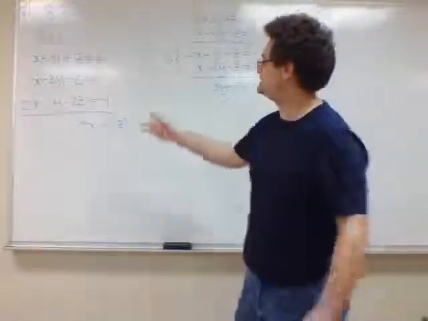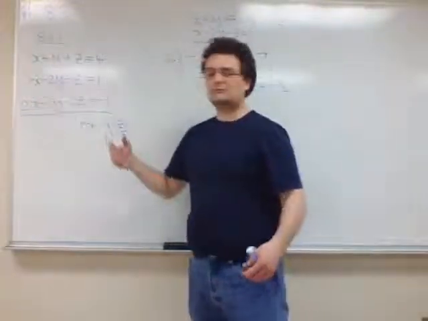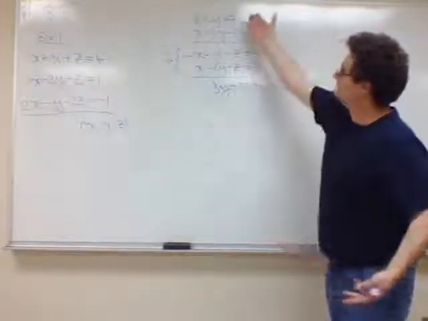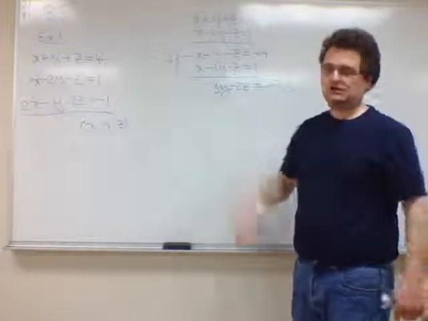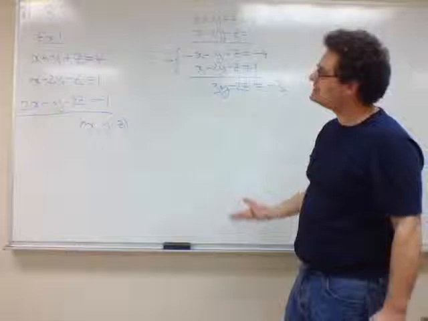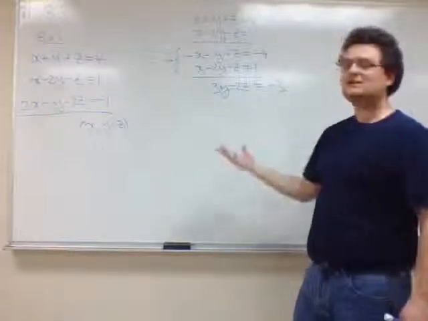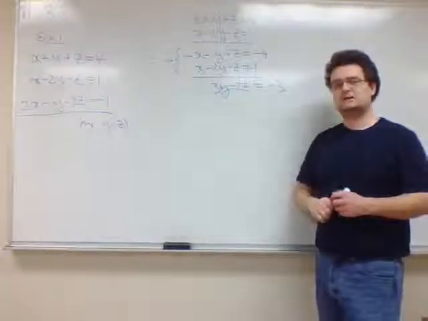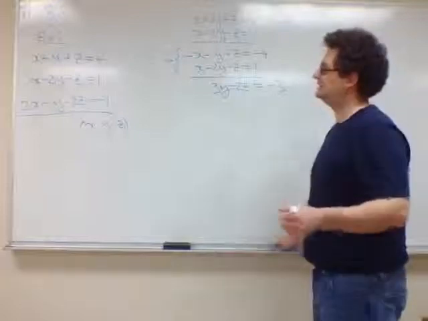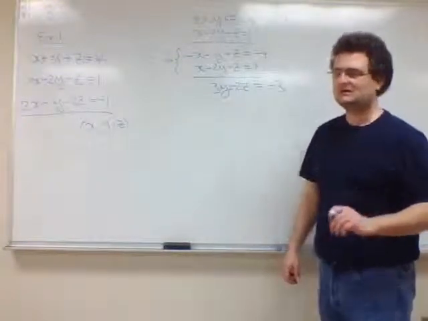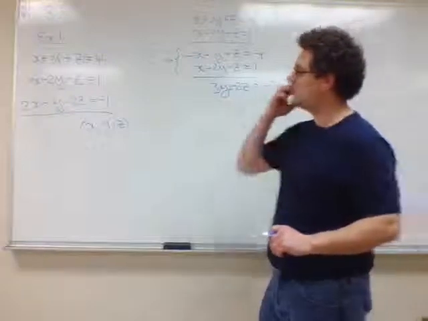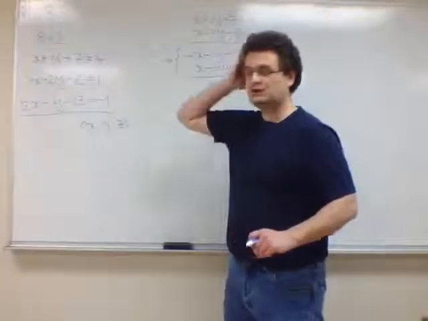Since this is some new information, not hidden here in general, that means you may expect to get some other equation in which y and z appear. So that's the strategy. Again, apply the elimination strategy, but now using the other two equations.